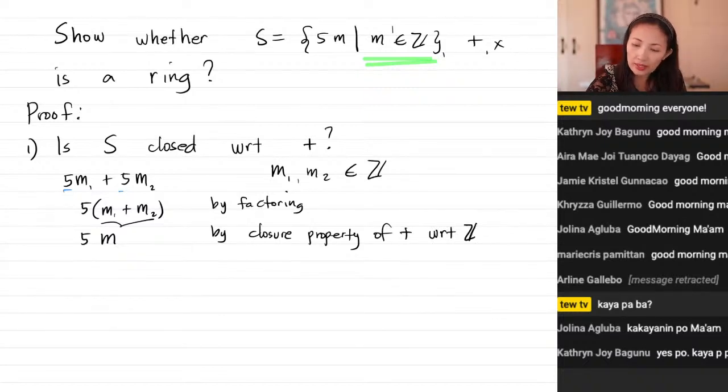So the answer here is yes, it's closed. We were able to show that the sum of any two multiples of 5 is also a multiple of 5, 5m.